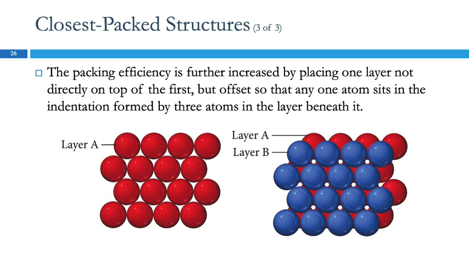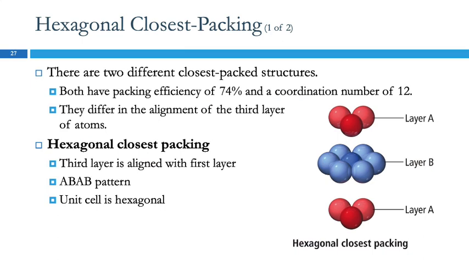So we've got layer A, and then we have layer B. Both of those are called closest packed because you can't get any closer. They have the same packing efficiency, 74%. They have the same coordination number. But how you put the third layer on is different.